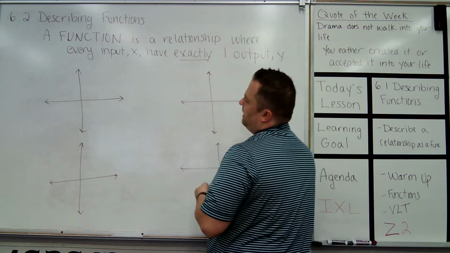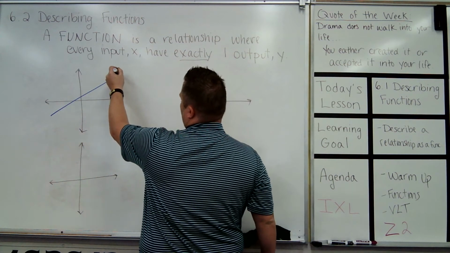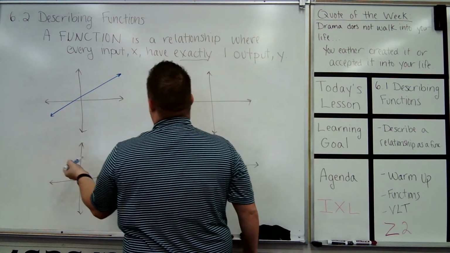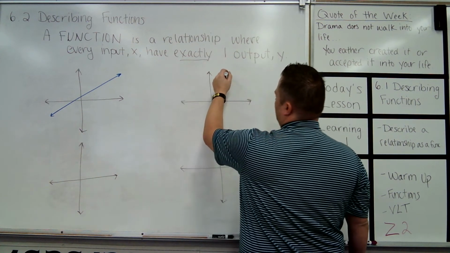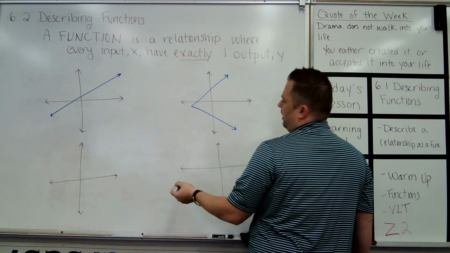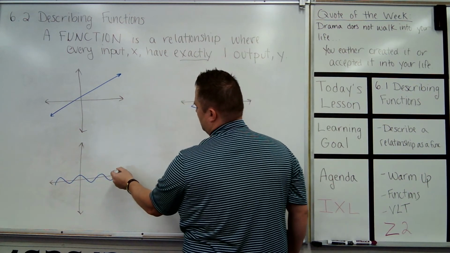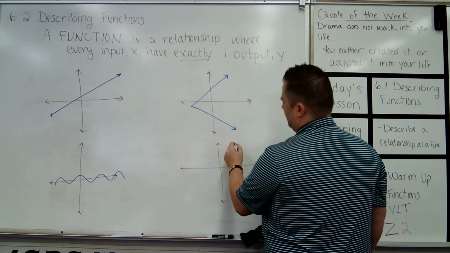So let's just say I have a line that goes like this. And I'll have another line that goes like this. I'll have another line that goes like this. And I'll have another line that goes like this.